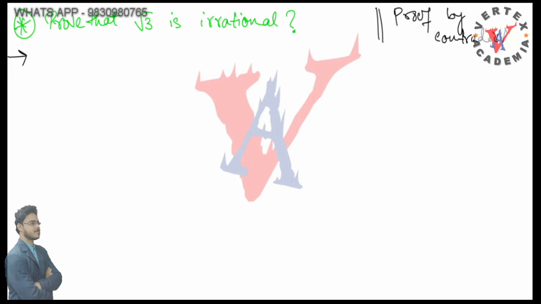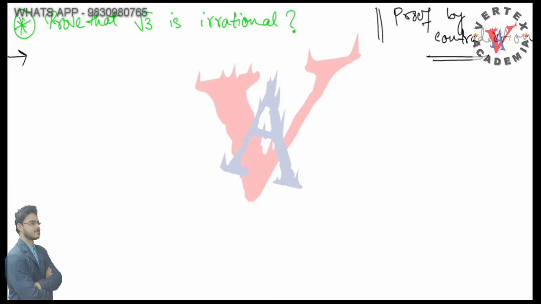What this means is that first we will assume something and then we will come to a conclusion which does not satisfy our assumed result. Basically, if I assume that root 3 is rational, and we finally come to a result which contradicts that, some result came out which says that root 3 cannot be rational, which contradicts our previous assumption that root 3 was rational.